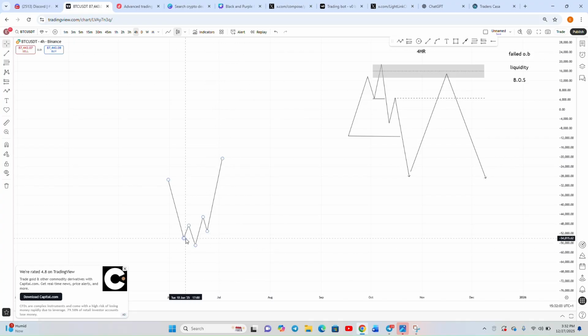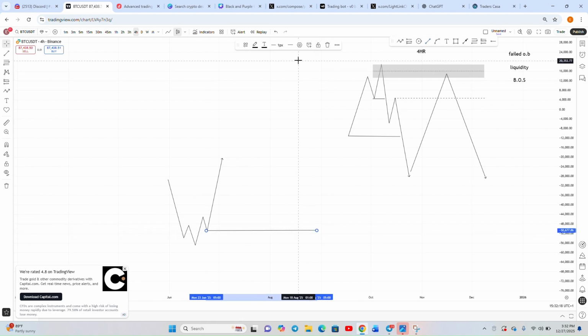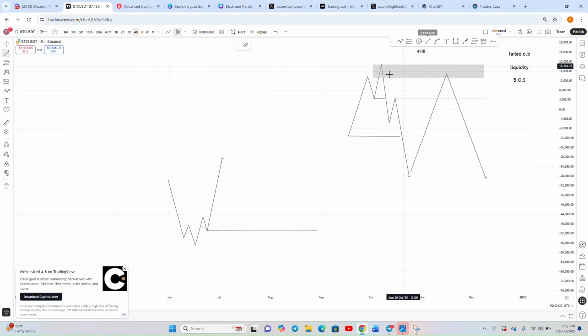Failed order block here, change of character here, liquidity here, and a break of structure.